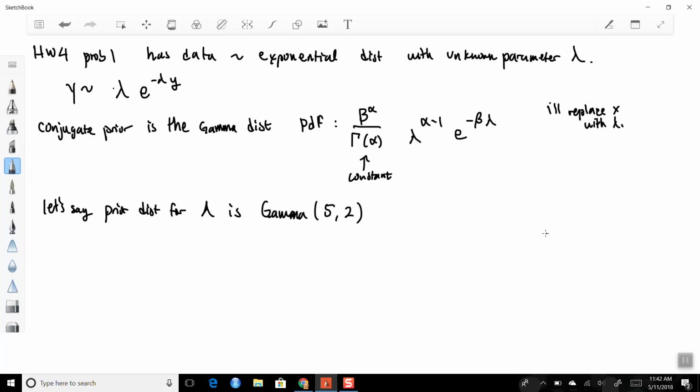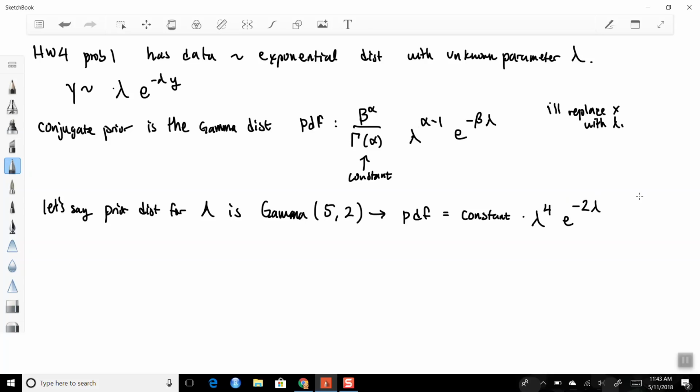So my PDF is going to be some constant times lambda to the 5 minus 1 times e to the negative 2 lambda. That's my prior distribution for lambda.